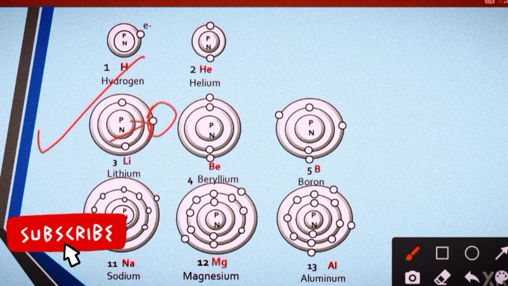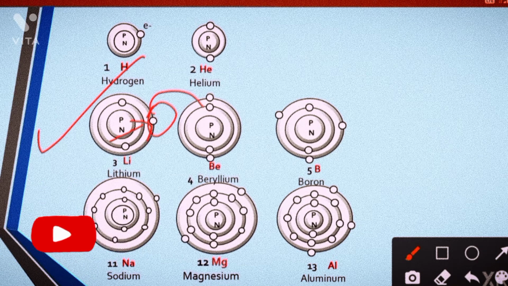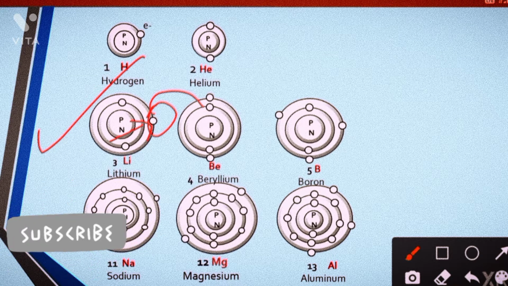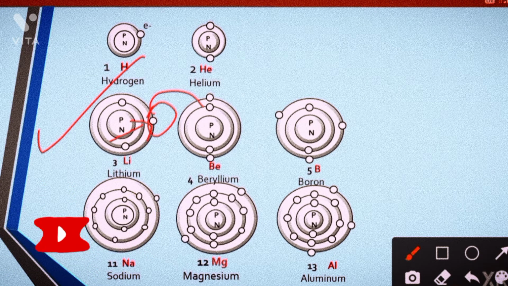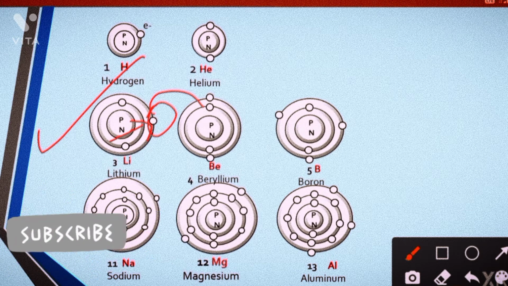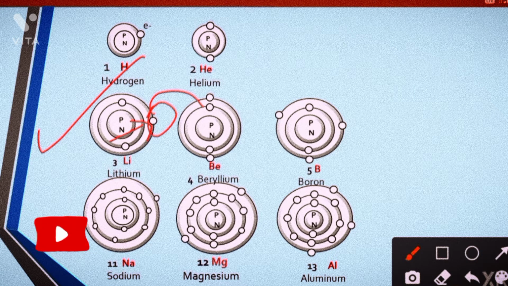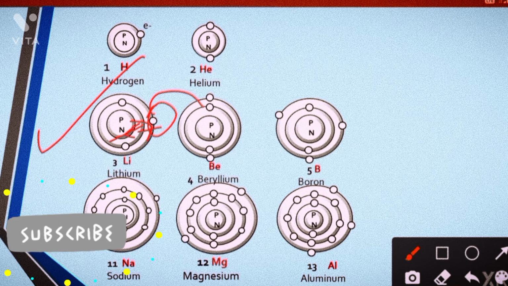When this electron wants to move to another atom for the combination or the formation of a bond, at that time there will be some energy requirement. Why is energy required? Because the nucleus is pulling this electron toward the nucleus.